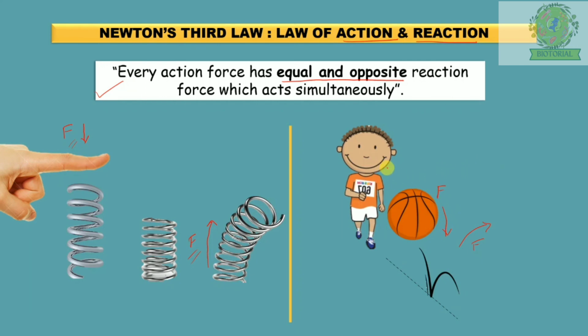Let's say the boy applied F amount of force on this ball. The ball strikes the ground, and the ground exerts the same amount of force on the ball but in the opposite direction. So the force is transferred from the ball to the ground, and the ground exerts the same amount of force in the opposite direction.